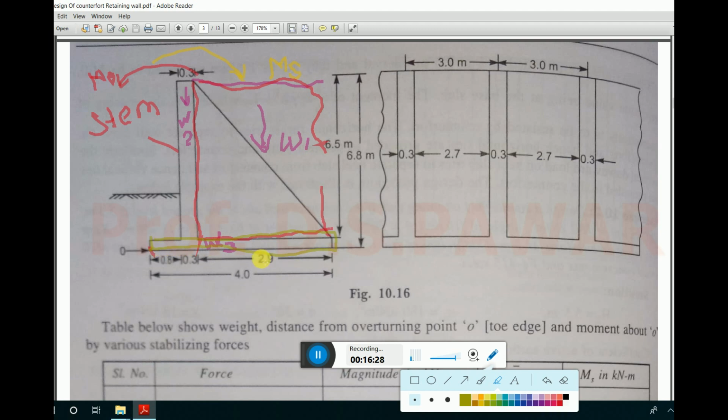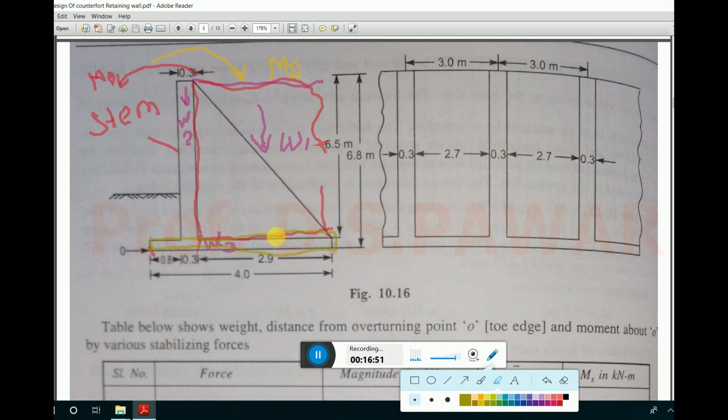Now, to get the moment at point O, we first have to calculate the force W1. In this area we are going to put the soil, so to calculate the force we use volume into density.